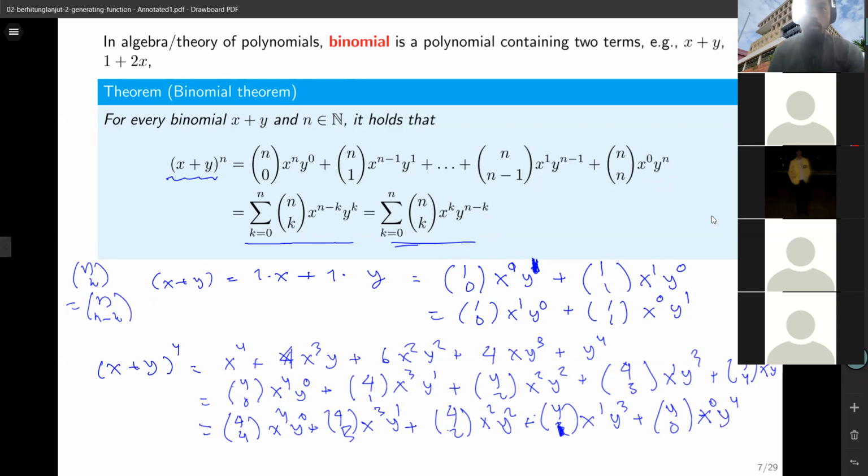Yeah, so which is of course this. Now if you're not sure, try multiplying this. Yeah, you will get this form.